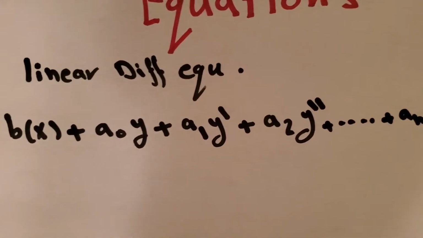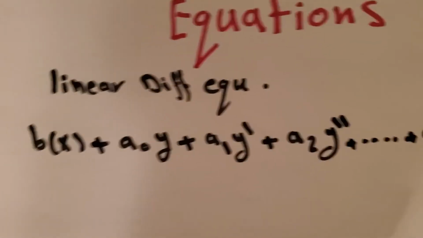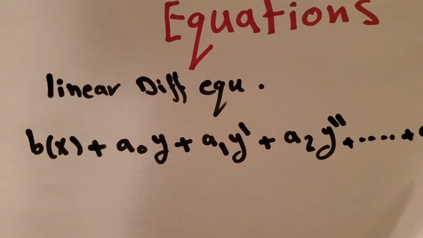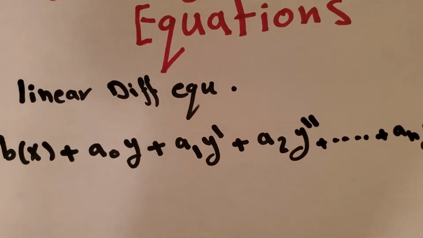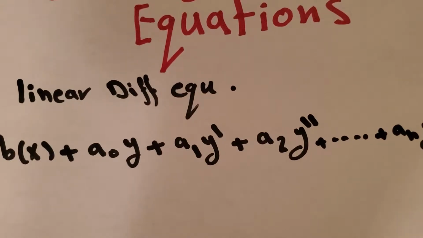So that's the general form of a linear differential equation. It is b(x) plus a0 y plus a1 y prime plus a2 y double prime until we reach the nth derivative.